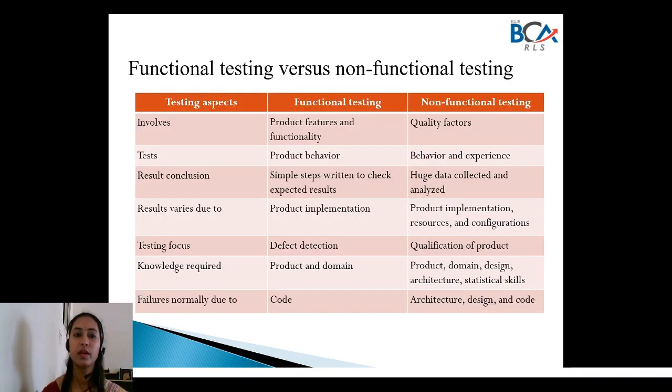Okay, now let us see what functional testing and non-functional testing are. What are the different testing aspects? First, what is involved in functional testing: product features and functionalities are involved, and under non-functional testing, quality factors are involved.